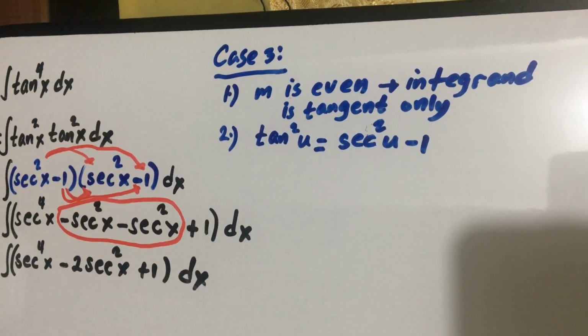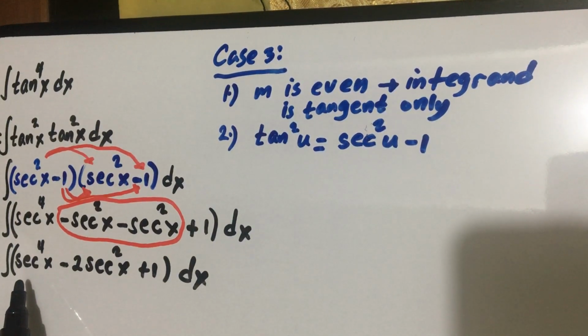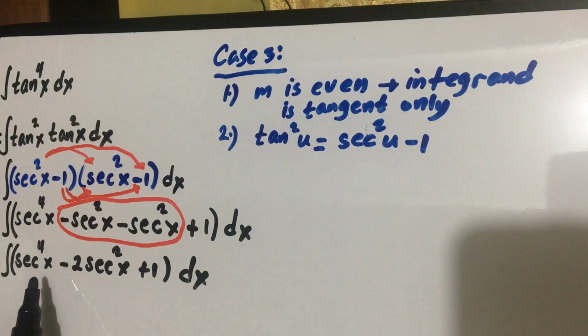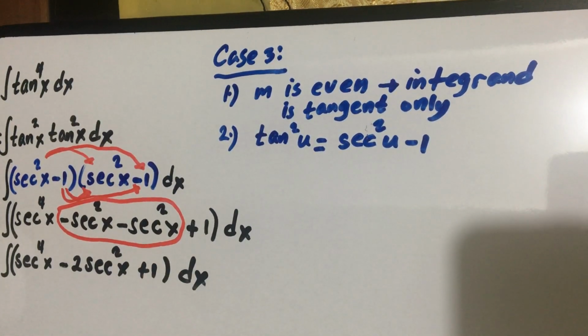Then if you look at the first term, that falls under a case. What case is that? When there's secant only. If you examine case 2, that is when n is even.